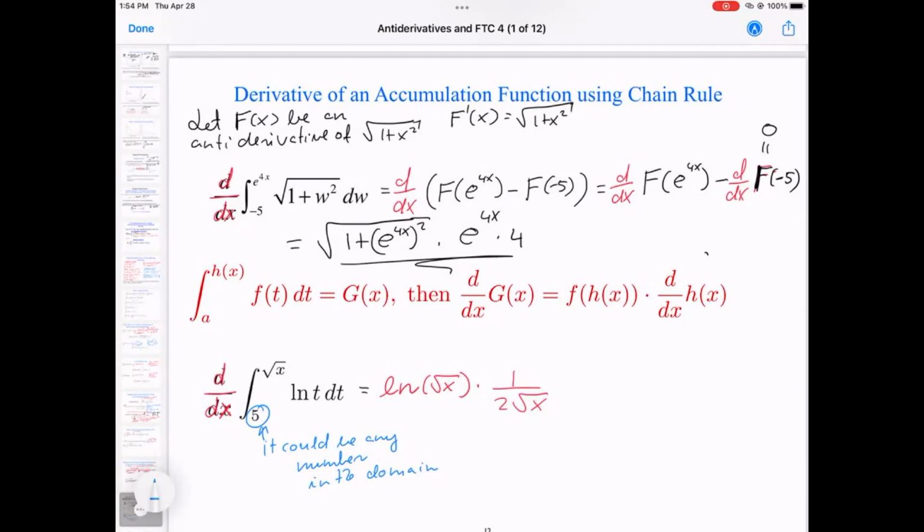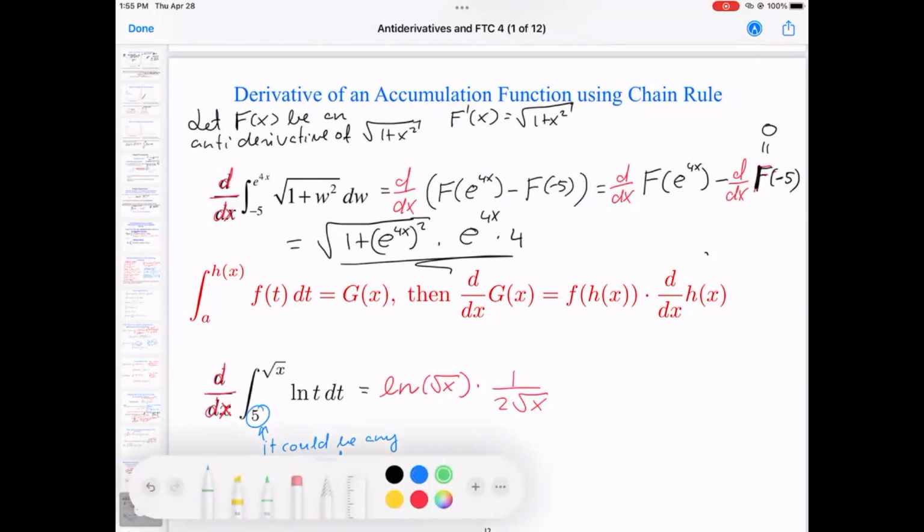So I have to use the chain rule because I have an inner function here, an inside. The derivative of capital F, the outside function, is the rate function evaluated at the inside, so this is the radical 1 plus e to the 4x squared, and multiply by the derivative of the inside function. This formula is just generalizing what I did before, right?